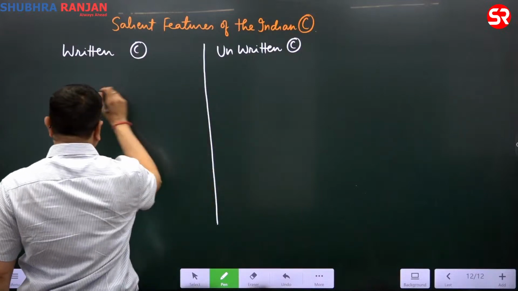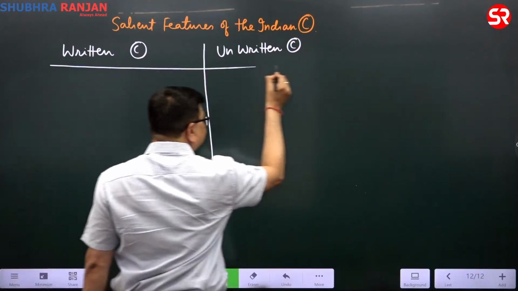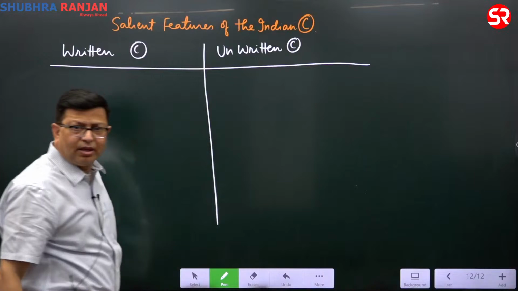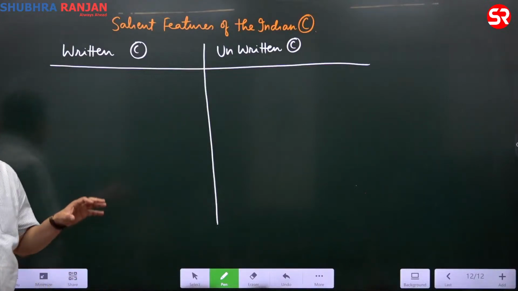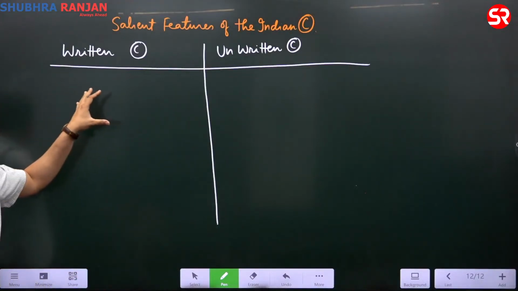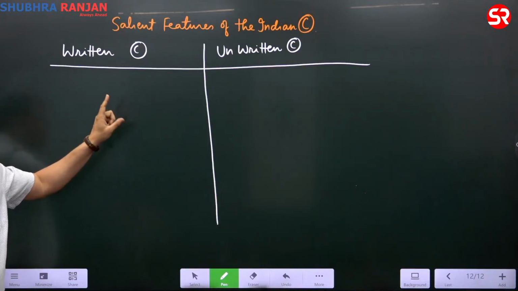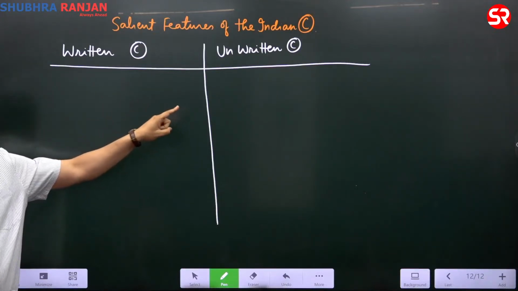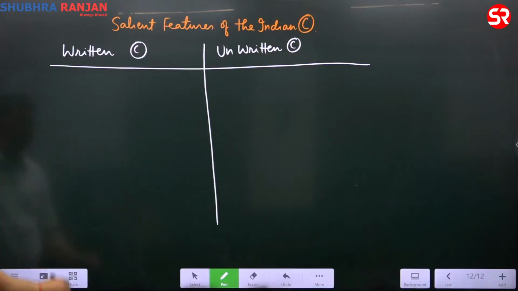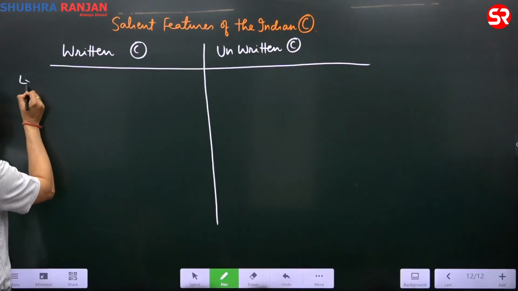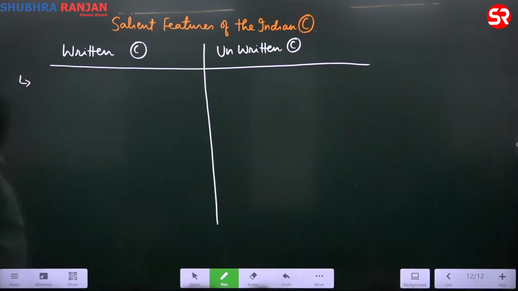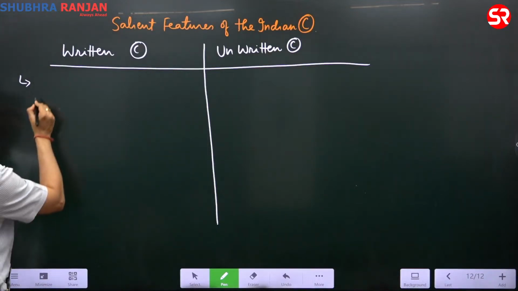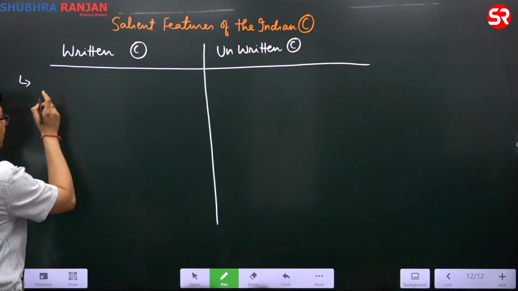Now herein we will differentiate. So we know that we have a written constitution, but we also need to know about the unwritten constitution also. Now why we say that the Indian Constitution is a written constitution? Now here you can write a written constitution.